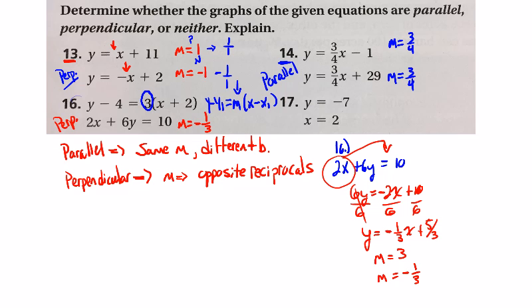All right? And then finally, we have the equations y equals -7 and x equals 2. Now this one could be a little difficult to figure out by looking for the slope. But if we remember, I'm just going to draw a quick little sketch of a coordinate plane here. It's not going to be perfect, but it's going to be enough. We talked about this in class. This is our y-axis, this is our x-axis, and we talked about an equation like y equals -7.